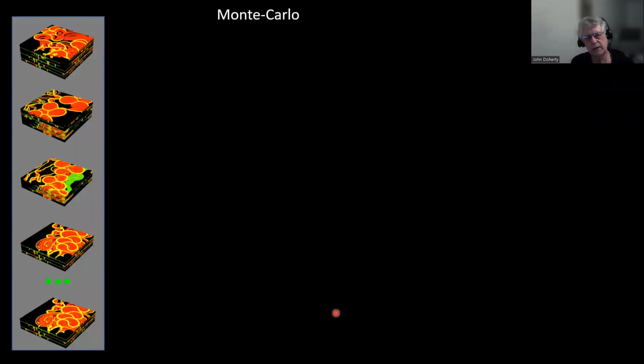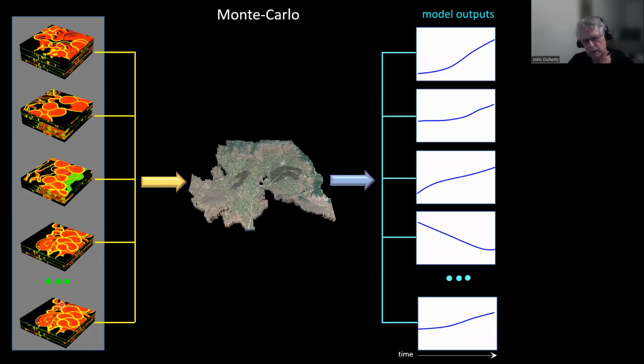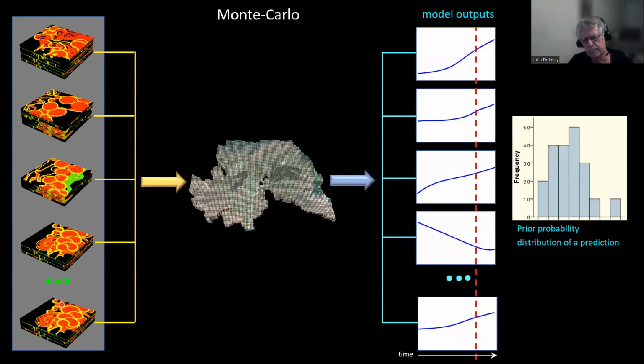So we generate realizations of our prior parameter probability distribution. These can be as complicated as you like. So here I've got realizations from a geostatistical parameter field generator. I run them all through the model. I run the model into the future, and at a particular time, I may look at the range of model outputs.